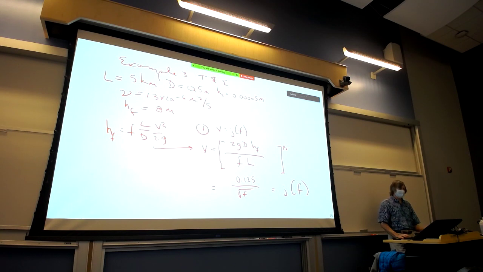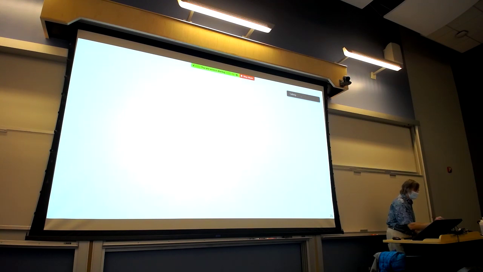Similarly, the second step is Reynolds number is velocity times diameter over nu. And again, at this point, you don't know velocity. So this is velocity times 0.5 meters over 1.3 times 10 to the minus 6 meters squared per second.